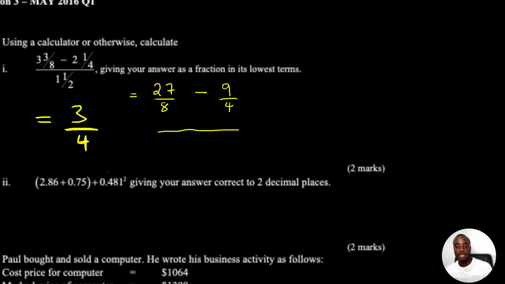And here, what's the LCM of 8 and 4? We need to have them as equivalent fractions. So we could use 8, because 8 can go into 8, and 4 can go into 8. 8 into 8 is 1, so that's 27 times 1. And 4 into 8 is 2, so that's 9 times 2. So 27 ones, that's 27. 9 times 2, that's 18.